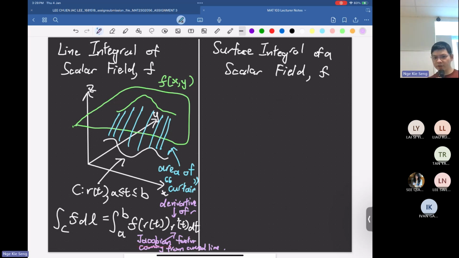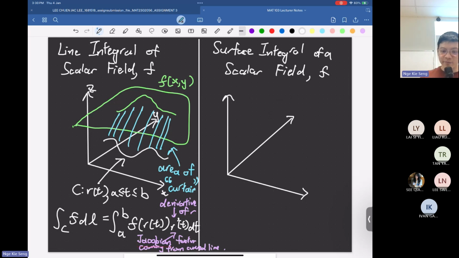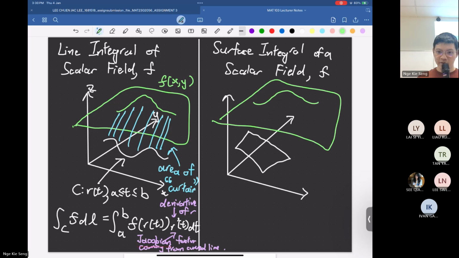Okay, it doesn't make sense. Let me show you one more thing, and then we can come back to this again. Maybe this will make more sense in this case. So what's the surface integral? Again, it is a curved plane. I want to integrate over a curved plane, maybe over this part here.